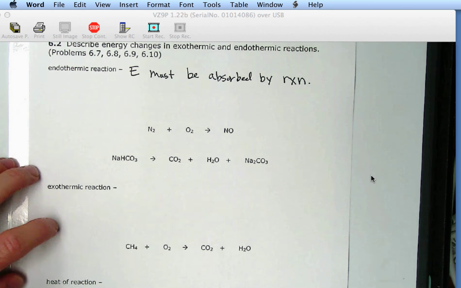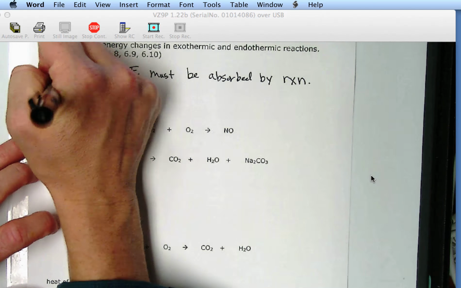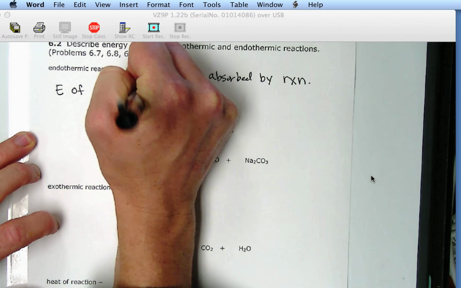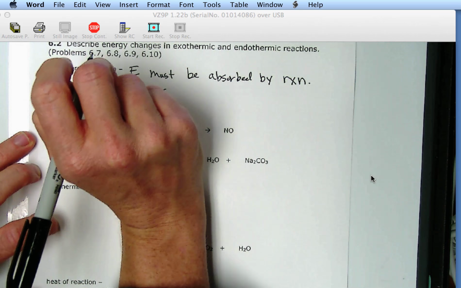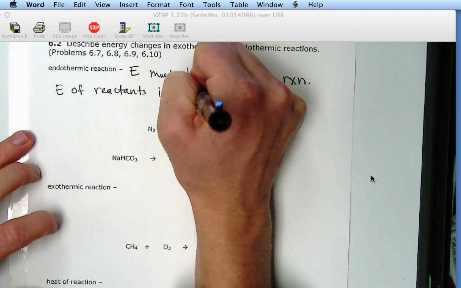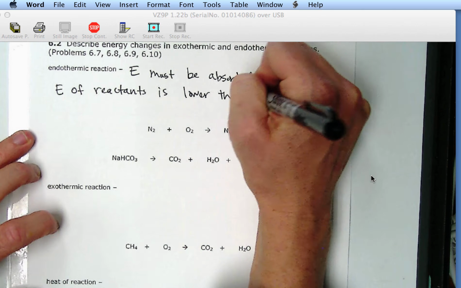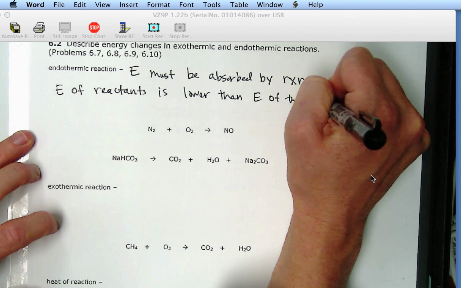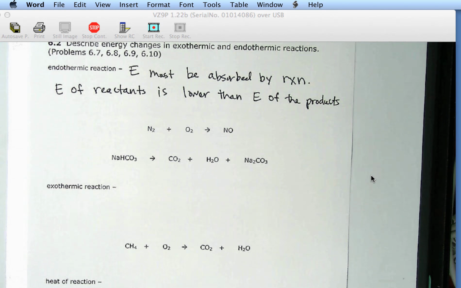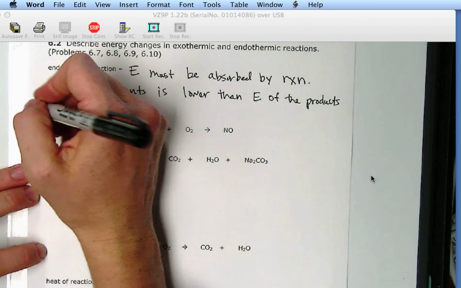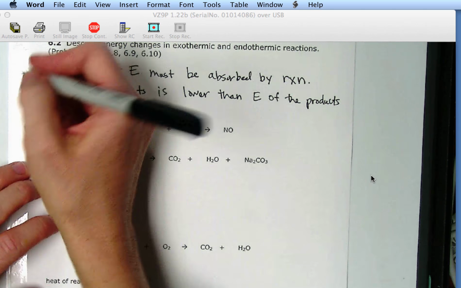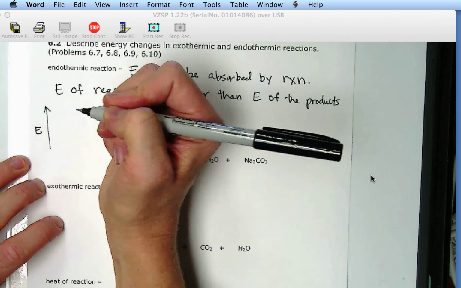With this type of reaction, the energy of the reactants is lower than the energy of the products. Kind of think of it: you have your energy on the y-axis.